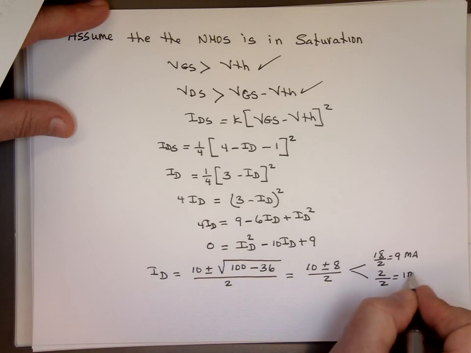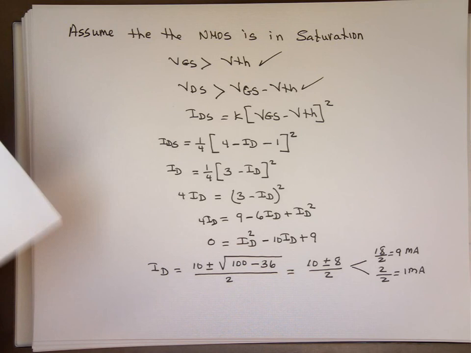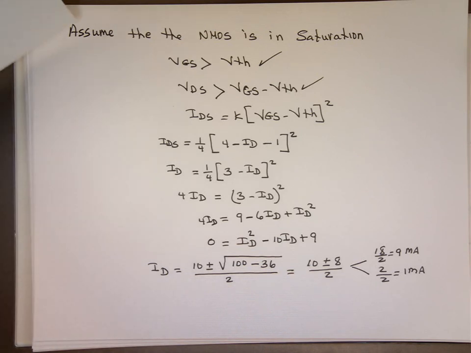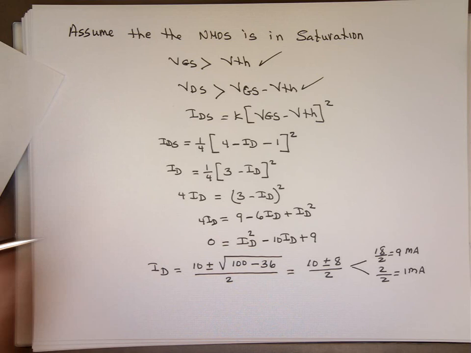One of them is going to make sense, one is not. So let's see which one makes sense and which one doesn't. We have to look at what's given to us.